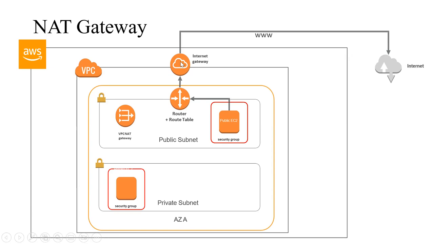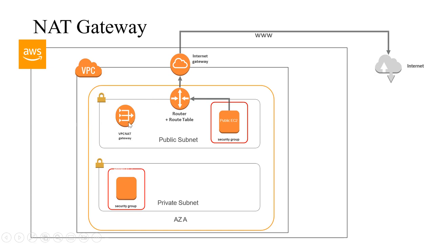So indirectly, the internet gateway is available to the NAT gateway. That's why NAT gateways are always launched in the public subnet. But how do you know which one is a public subnet? A public subnet has a routing table associated with the internet gateway. So we create the NAT gateway in the public subnets.